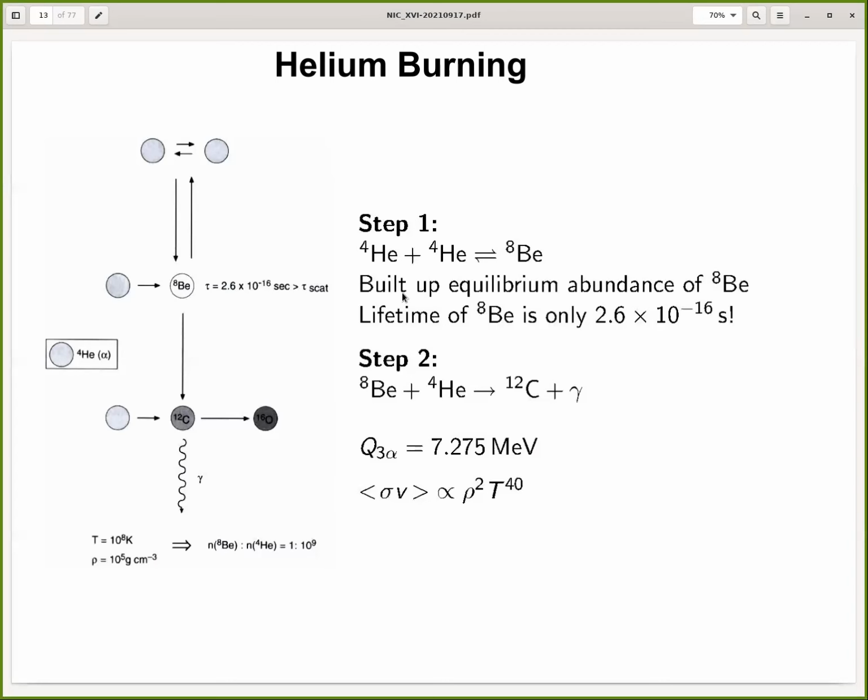So there you have more than 6.5 MeV per nucleon. And here I have 0.6 MeV per nucleon. So the energy release per unit mass is about 10 times less for your helium burning than you had for the hydrogen burning. And that also explains why you have about 10 times shorter lifetime.